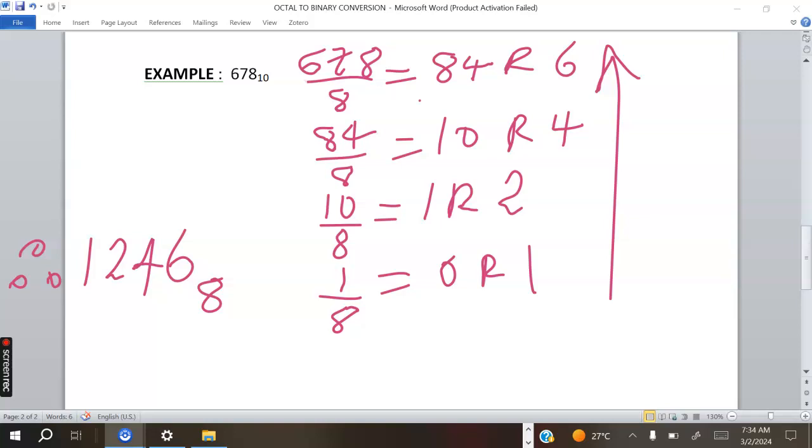So what we have done is converted 678 base 10, which is our decimal, to 1246, which is our octal number, and this is the correct answer for our working.